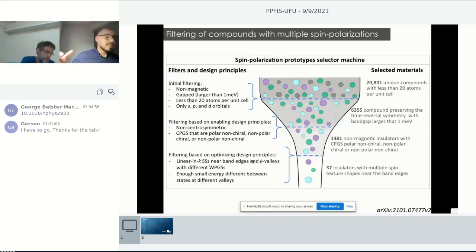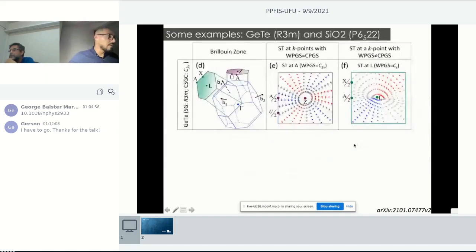And with k values whose energy difference is smaller than 100 milli-electron volts. So we did that, and at the end of the day, we got 37 insulators with multiple spin textures near the band edges. So essentially, we have band edges that now have multiple spin textures, and you can select them and use them in different situations as you wish, depending on the compound.